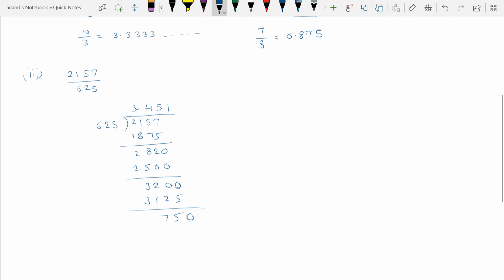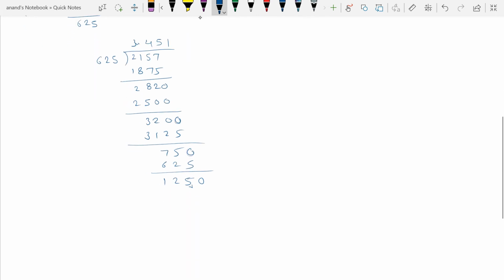Now 625 1 ja 625, and the remainder is 125. This is not divisible by 625, so we will again use 0 over here. 625 2 ja 1250, and the remainder is 0.